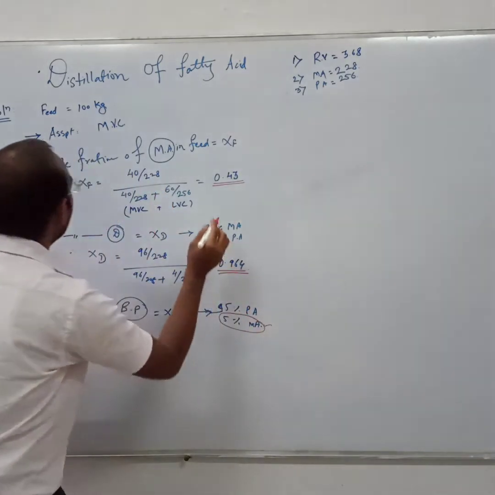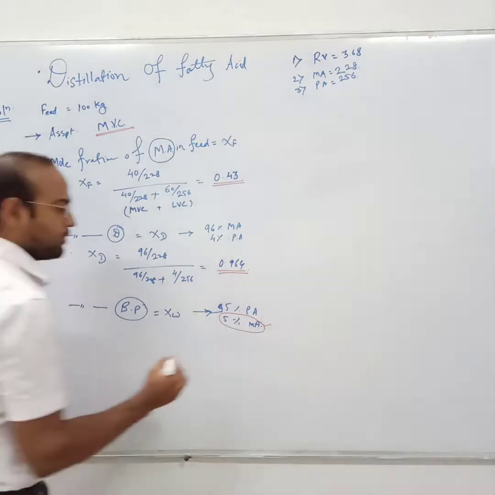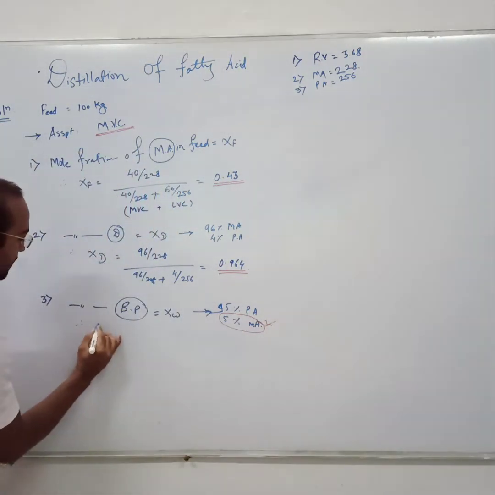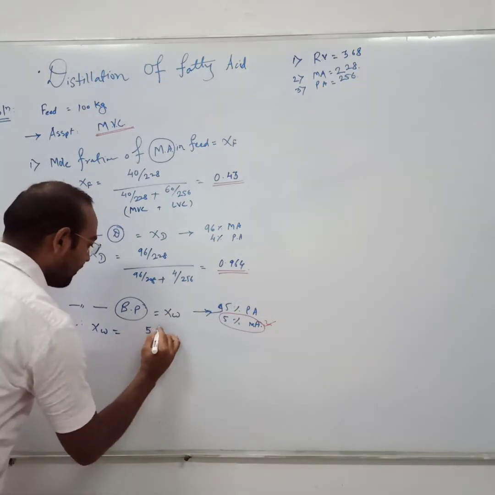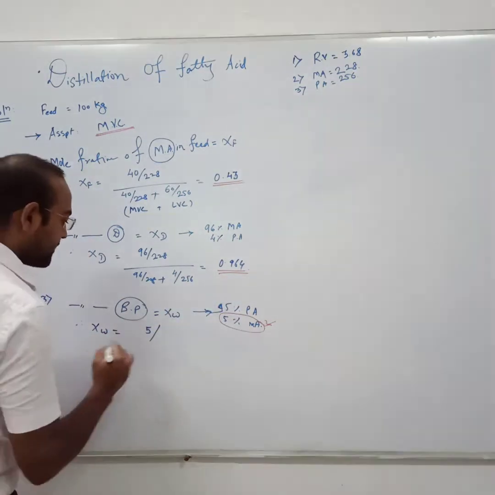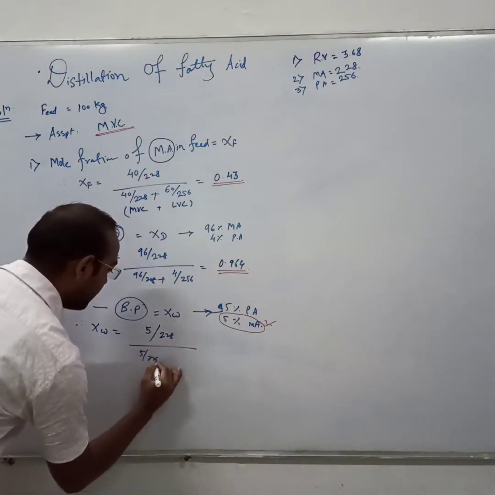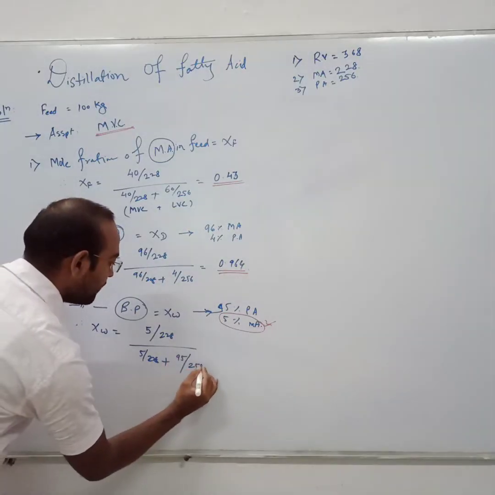Why? Because we assume all the things on a more volatile component basis. So this should be assumed. XW equals to the more volatile component, 5% of malic acid: 5 by 228 upon 5 by 228 plus 95 by 256.